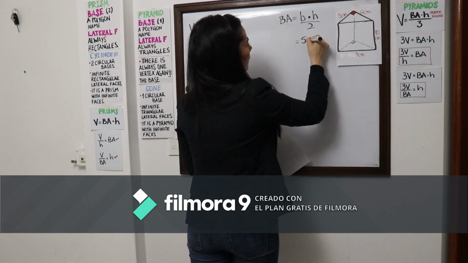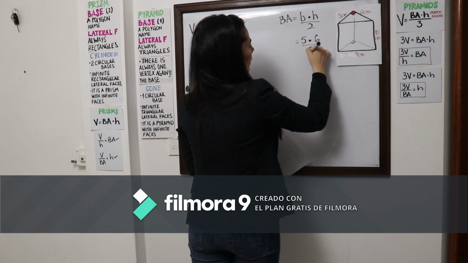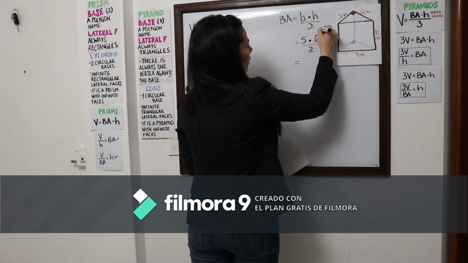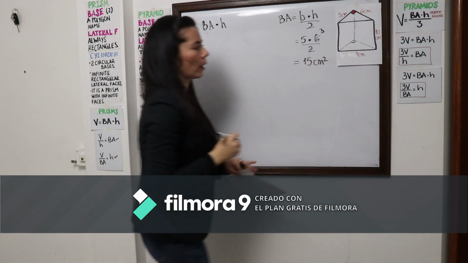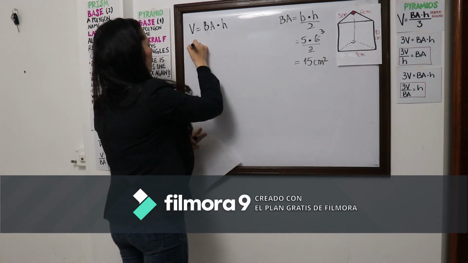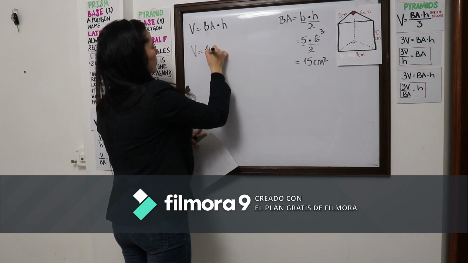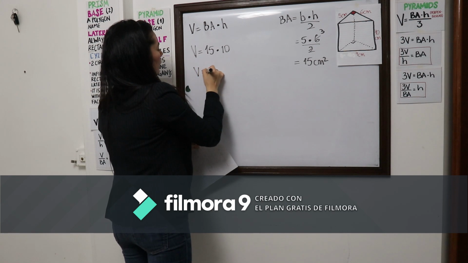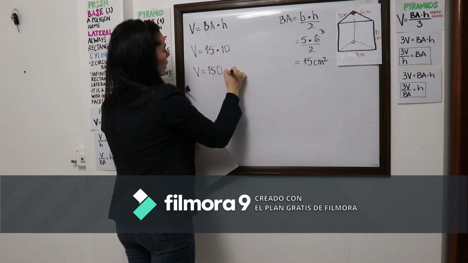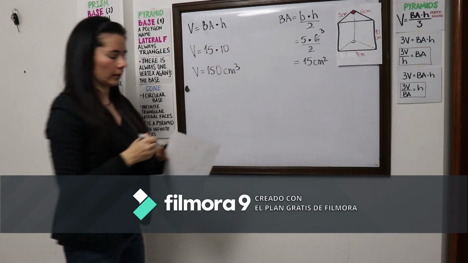So we have 5 times 6 divided in 2, which of course is 15 square centimeters. So we're gonna work with that, okay? So here, we're gonna have 15 times the height, which of course is 10, and that's gonna get us into 150 cubic centimeters, okay?